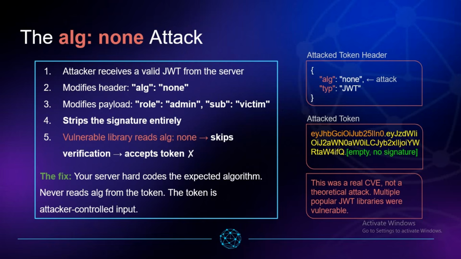They take a valid JWT token, they change the algorithm field in the header to none, they modify the payload, set the role to admin, maybe change the subject to someone else, and they strip the signature entirely. The token has no signature. The vulnerable library looks at the header, sees algorithm equals none, thinks okay, unsigned token, nothing to verify, and accepts it. This was a real CVE in multiple libraries and in real production systems.